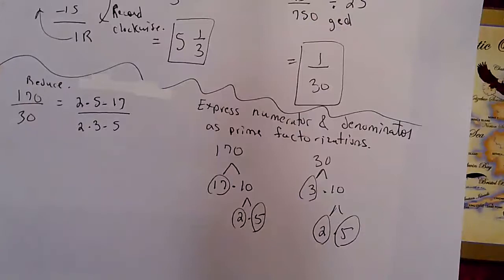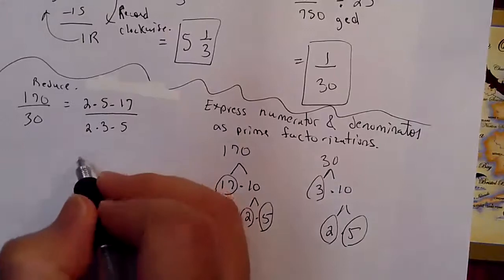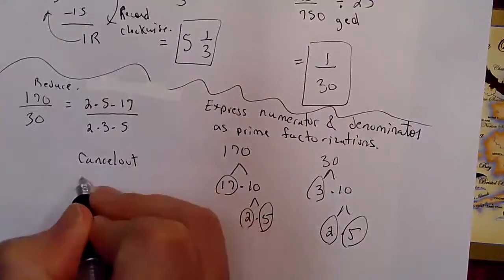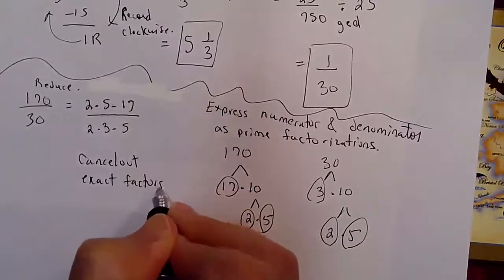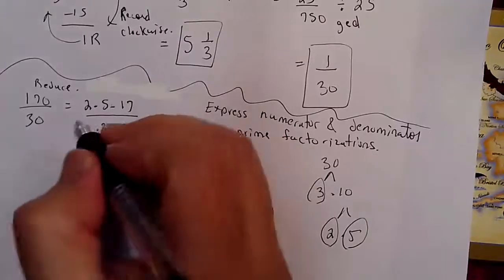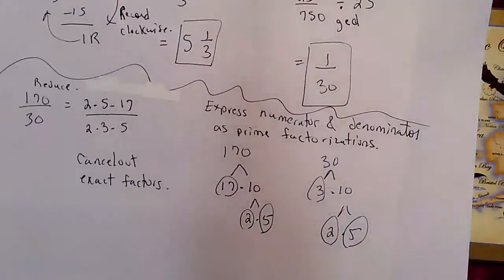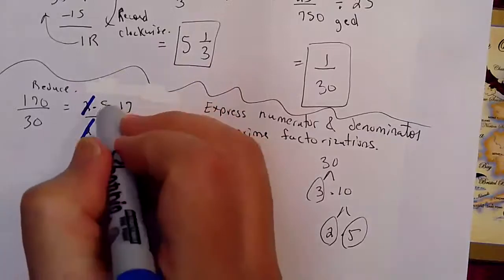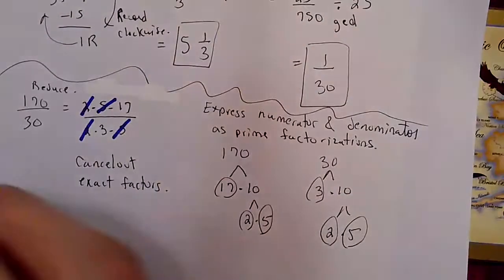So then after we write the prime factorizations, what we want to do is cancel out exact factors. And it's like a 1-for-1 ratio. So you see how these 2's would cancel out here, and see how those 5's would cancel out. So then what are we left with?